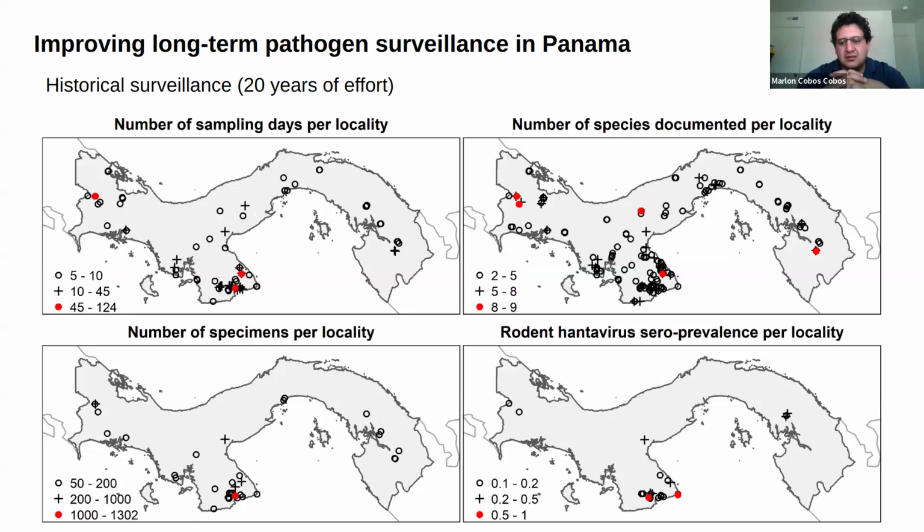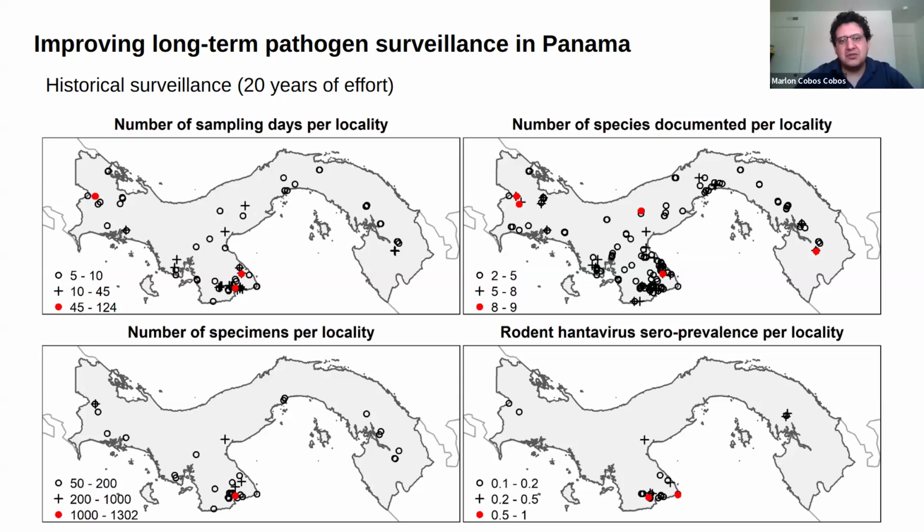And so it was of high interest to go there and see what happens. But how do we know if what we're doing is good and if it's complete? We don't really have a lot of information about the whole panorama of biodiversity in Panama, and almost nothing about pathogen diversity in Panama.